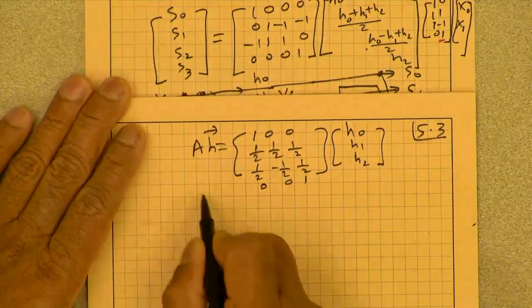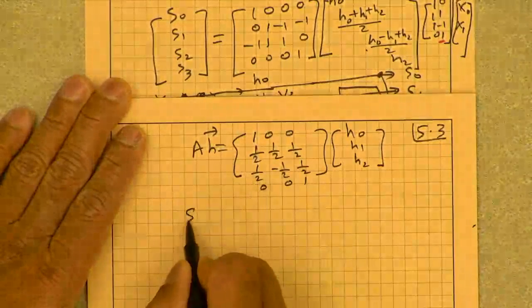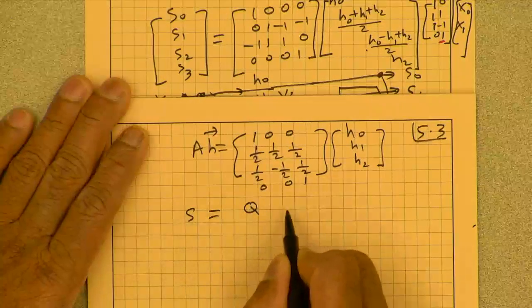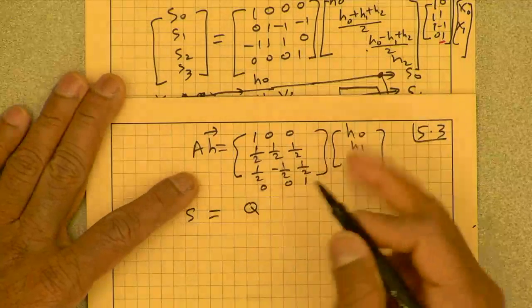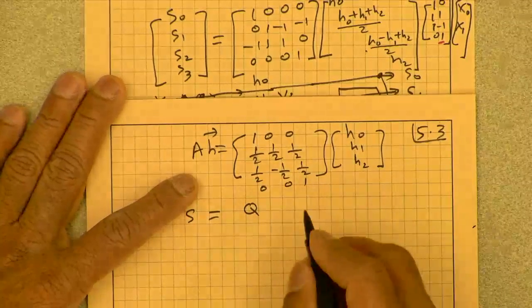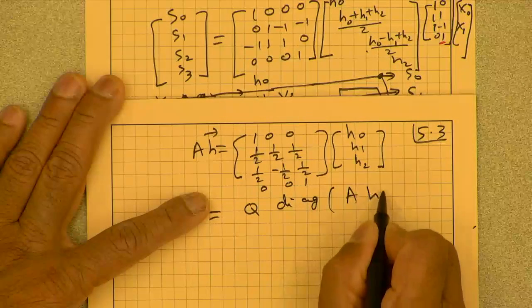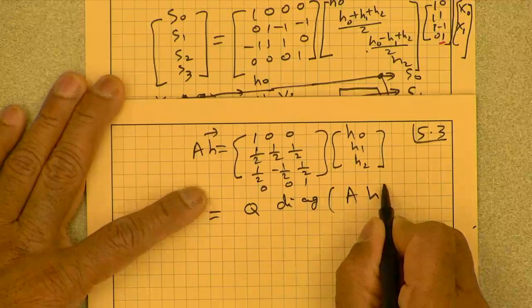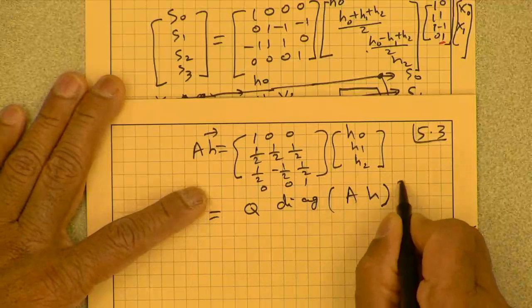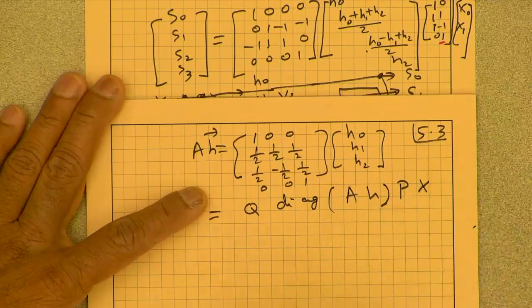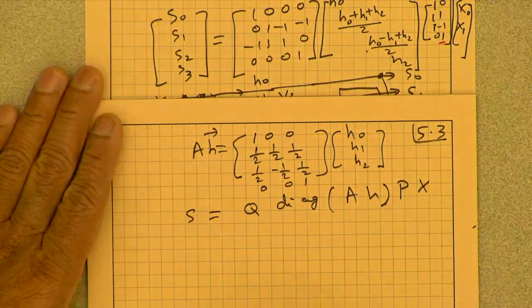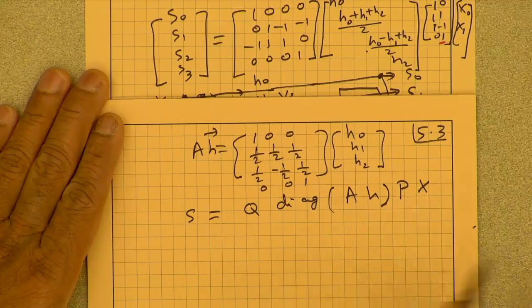Okay, so I can say that this equation here can be written as S is equal to Q, you should give them Q1, Q2, I'm not doing that right now, times the diagonal element of A times H and P times X. So that's kind of one line equation of that matrix.